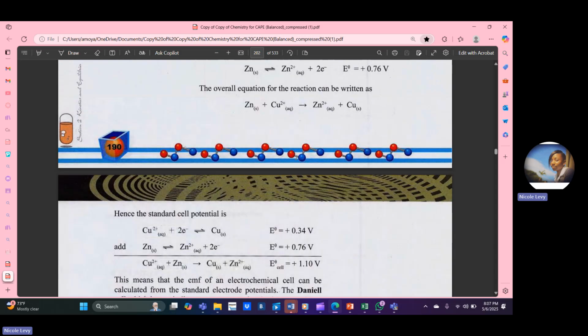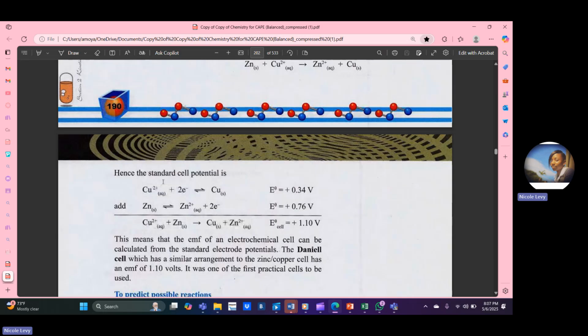To find the standard cell potential now, all you do is add the electrode potential of the copper and the zinc together after you flip the one that will show oxidation. I flipped the one for zinc, so it became positive, and I get a value of positive 1.10 volts for this entire electrochemical cell, right?